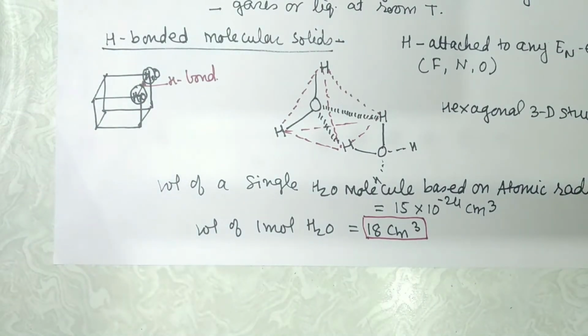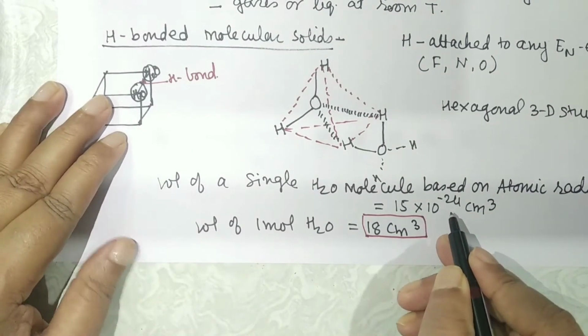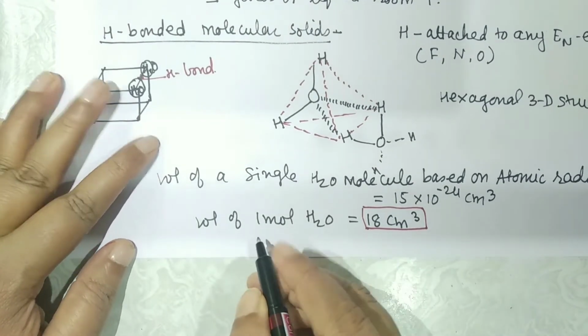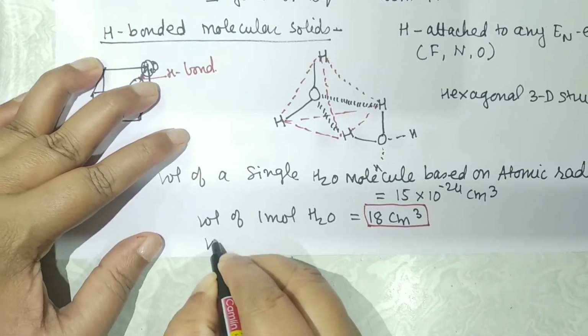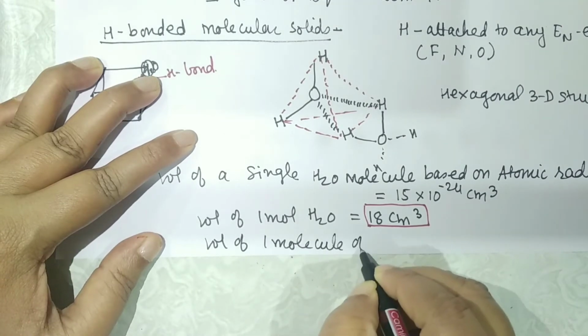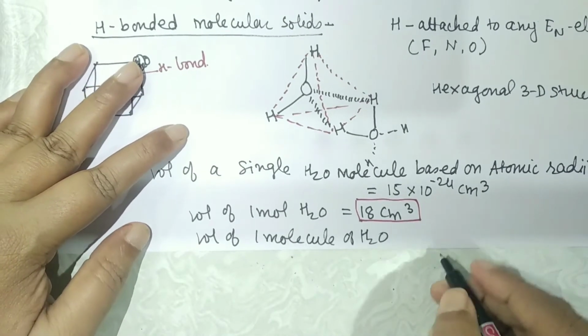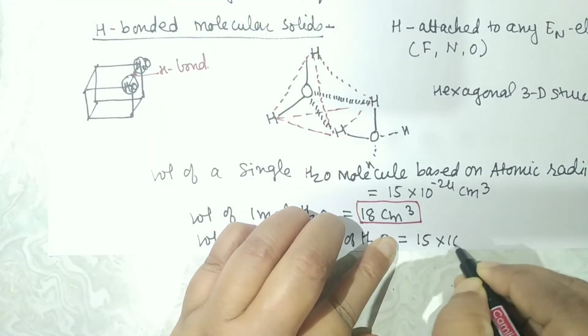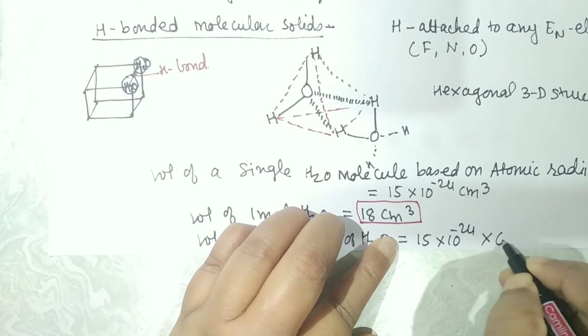According to crystallographic studies, how much is the volume, student? Let us calculate the volume of one mole of water: 15 into 10 raised to minus 24 into Avogadro number.